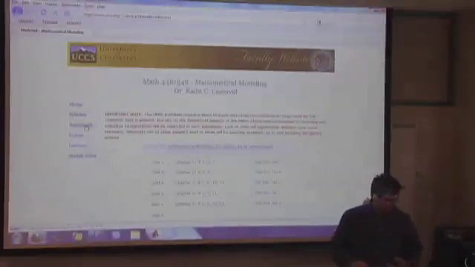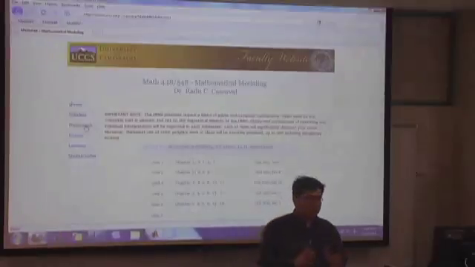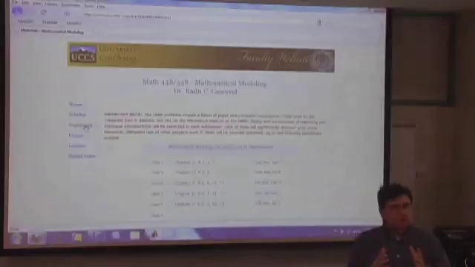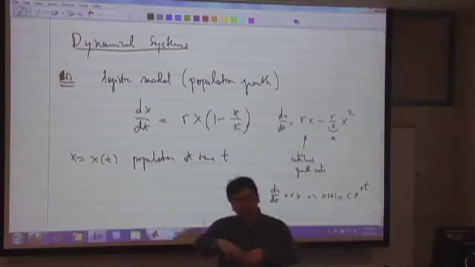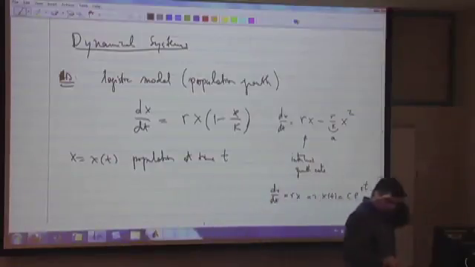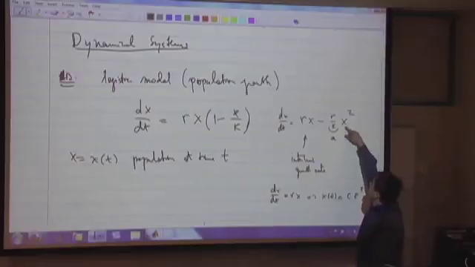I'll tell you one thing about Chapter 4 and Chapter 5: they can pretty much be read lumped together. So consider the environment in which your population lives and thrives, and you take into account competition between individuals of the same species.